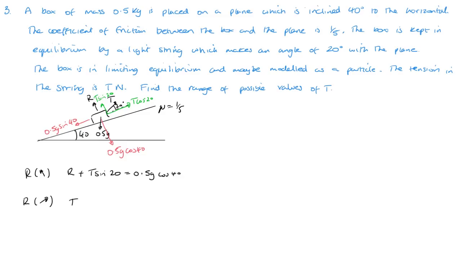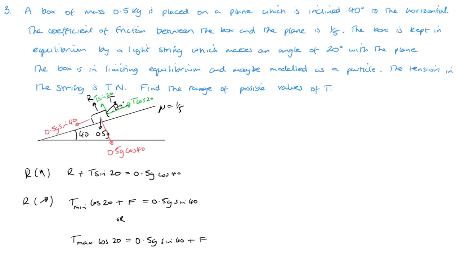So we've got T minimum times cos 20 plus friction is equal to 0.5 G sine 40, or we have T maximum cos 20 is equal to 0.5 G sine 40 plus friction.